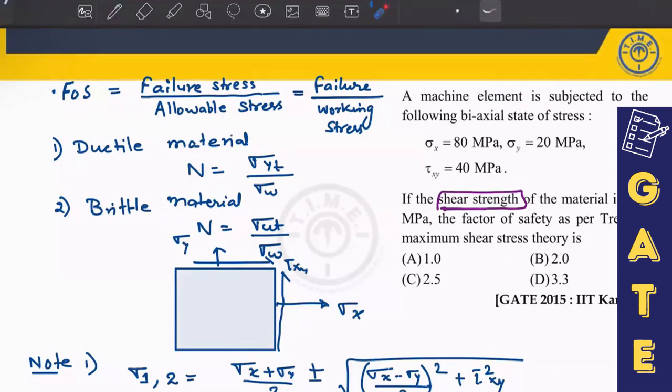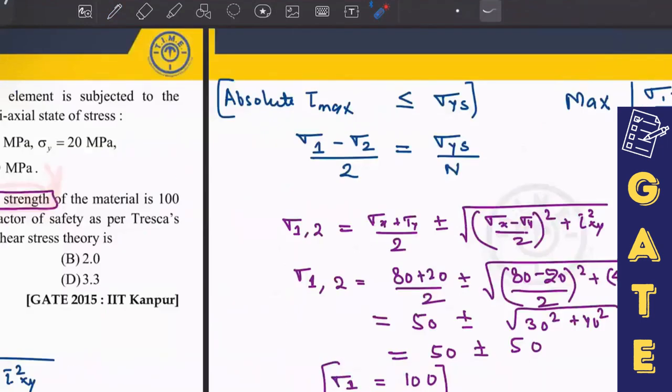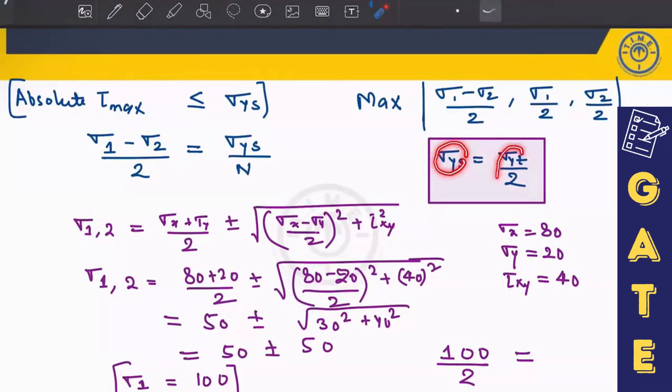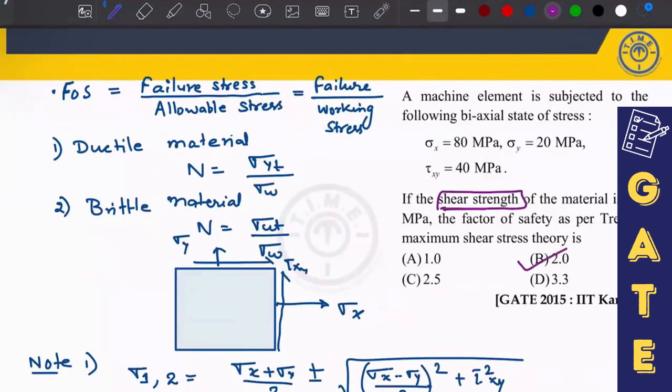Suppose they mention the strength of the material, always consider it as the yield tensile strength, and you know that the yield shear strength can be written as half of the yield tensile strength. But in this question, they have clearly mentioned 100. So from here, you will get the factor of safety as 2. That means option B is the correct answer.